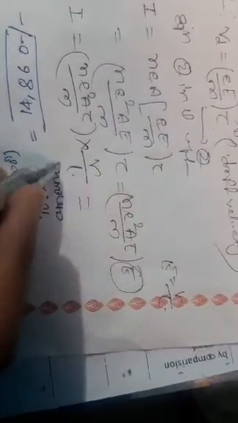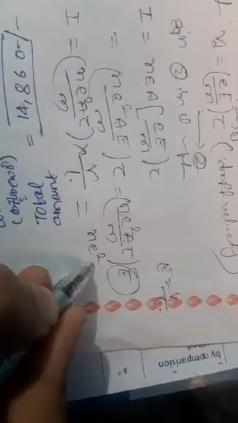V is taken as it is, and L is taken inside the bracket: I equals n e square A tau by m L into V. The potential difference is as it is. Find the value of the potential difference.